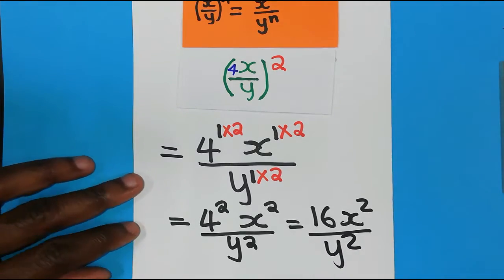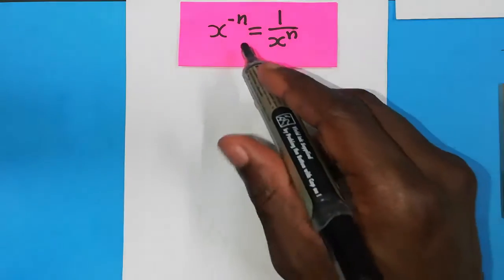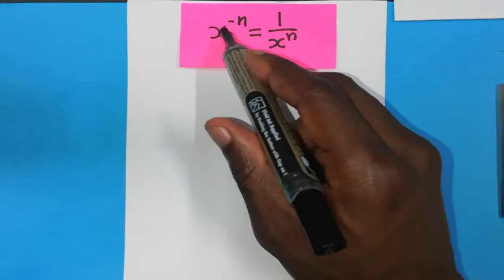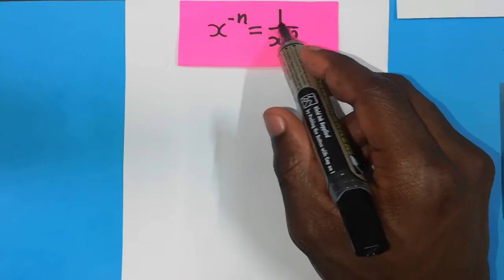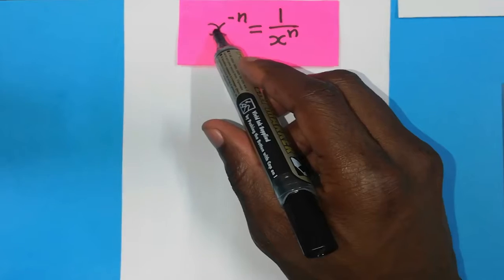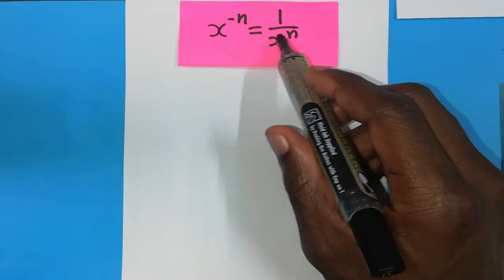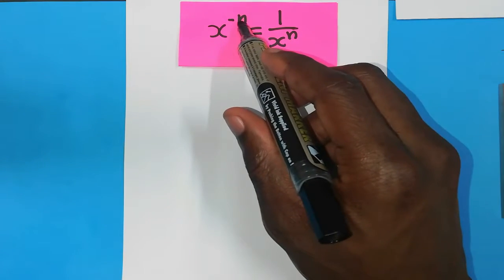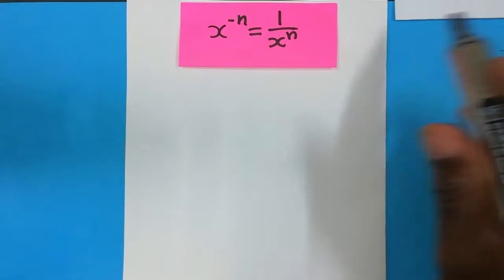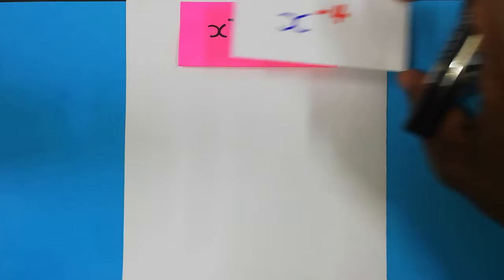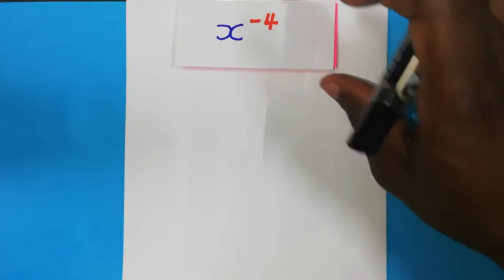All right, let's move to the next one. Here is the last one. When you have a situation like this, you see this minus, you represent it by 1 over, and in the denominator you write x with a positive exponent. See here it's a positive exponent. Let's use an example to explain that. Suppose we have this.